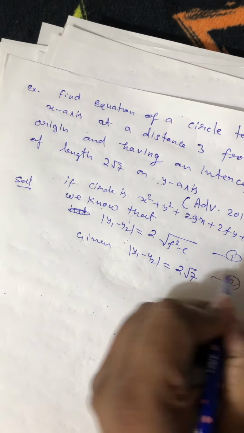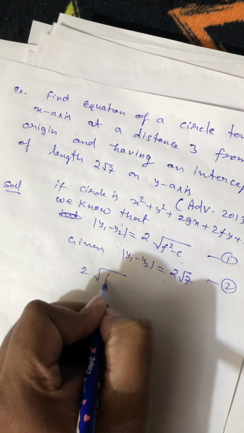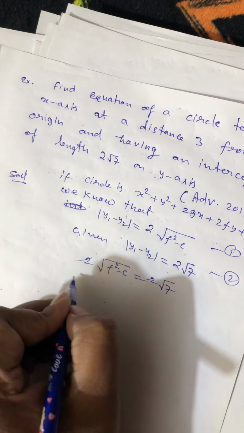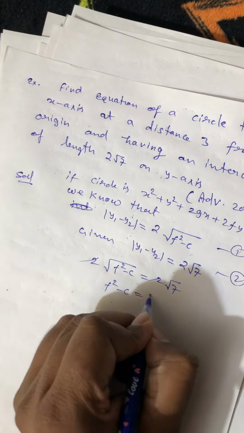So from 1 and 2, 2 under root f square minus c is equal to 2 under root 7. So 2 to cancel, on squaring, f square minus c is equal to 7. This is equation number 3.